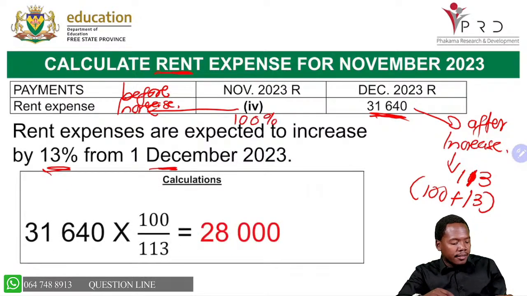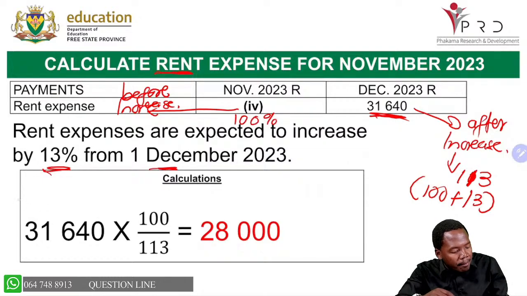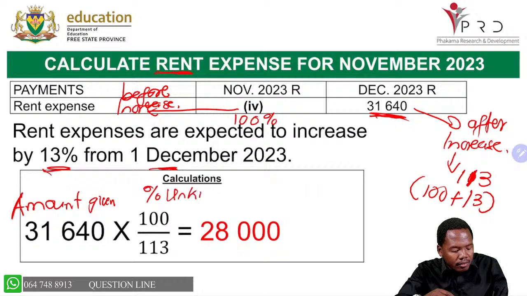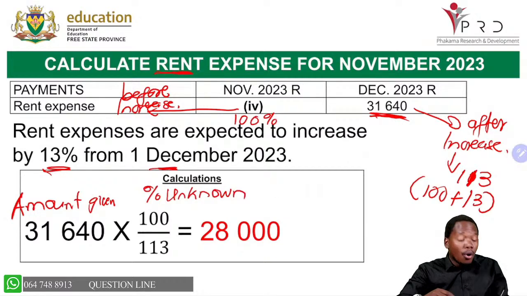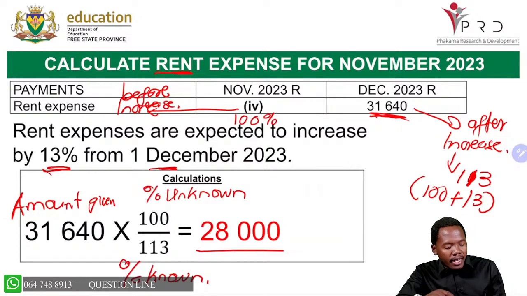How is this done? We say amount given multiplied by the percentage we want, the percentage we do not know, divided by the percentage we know. Okay, then we get our answer too.